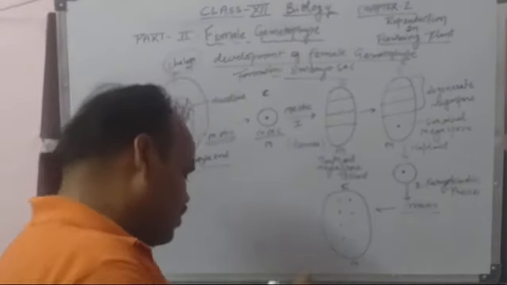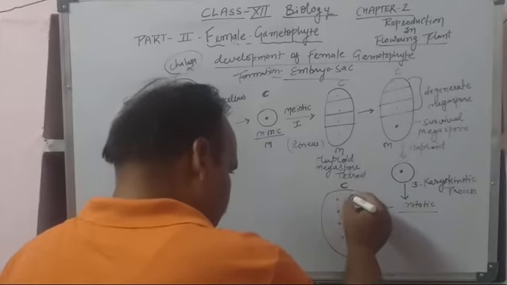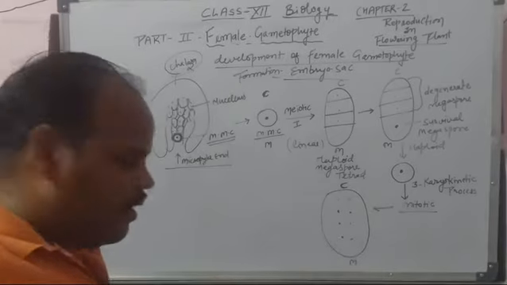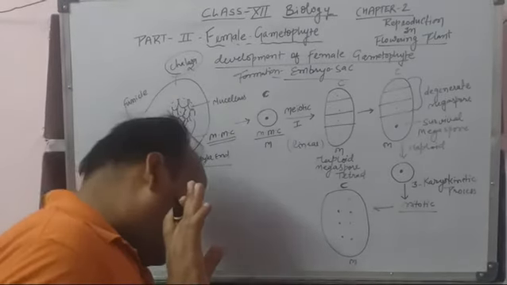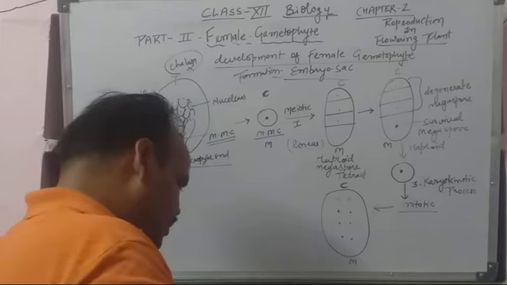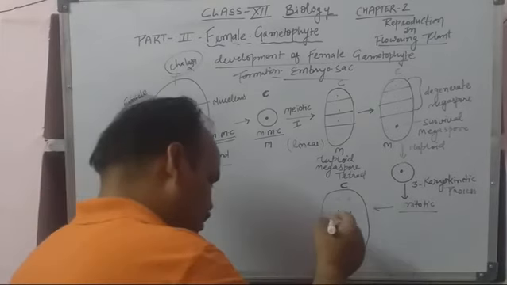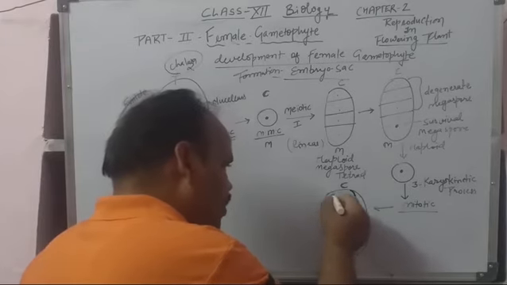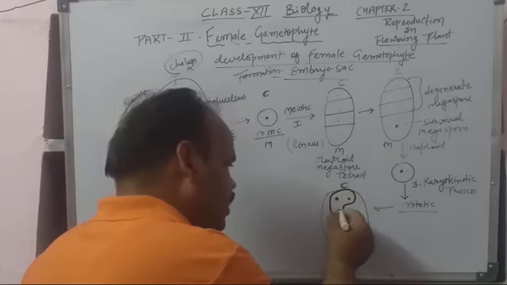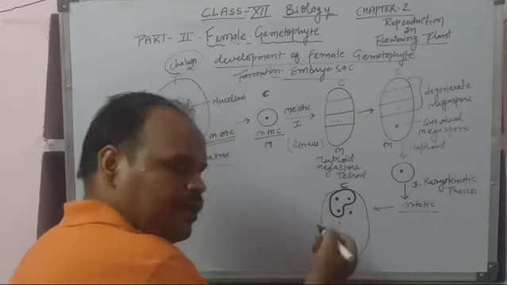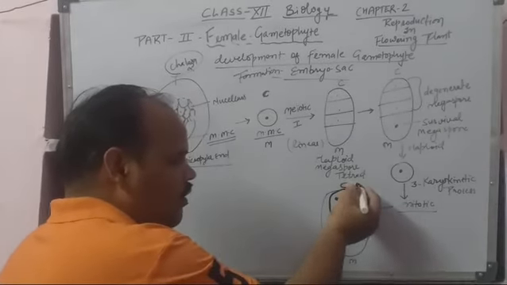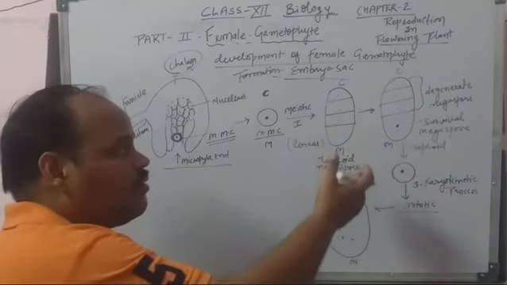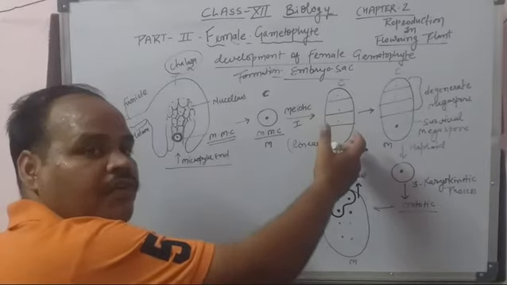So the 8 nuclei are formed here, and then they go through the cytokinesis process. There are 3 nuclei. The first 3 nuclei go to the chalazal position. So we are discussing the chalazal position and the micropylar end positions.